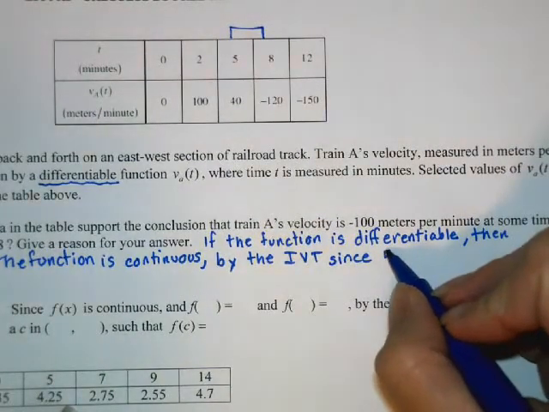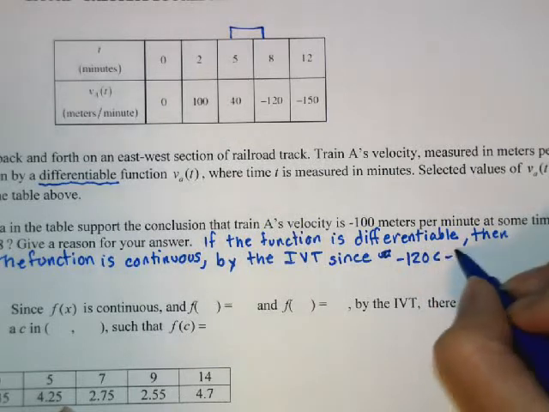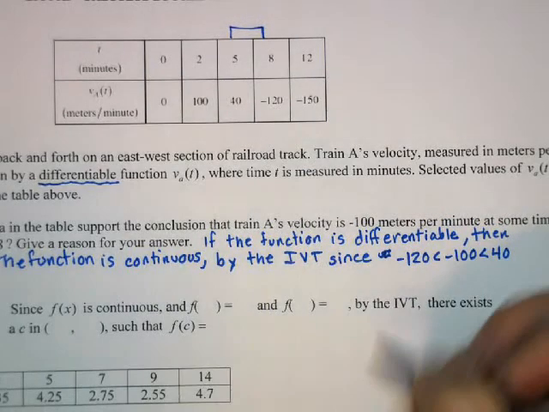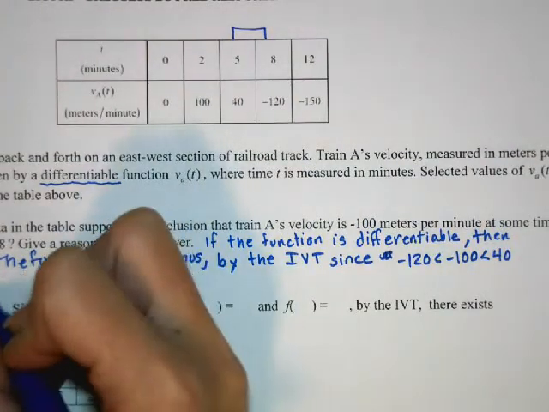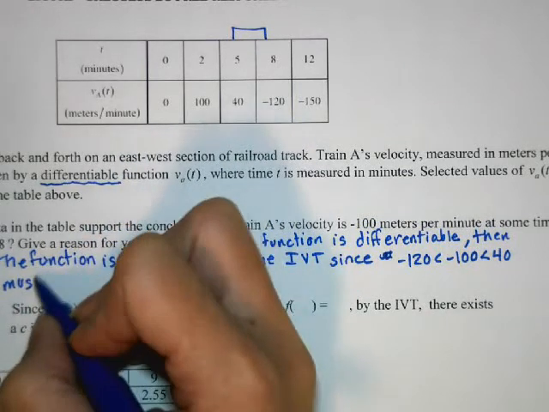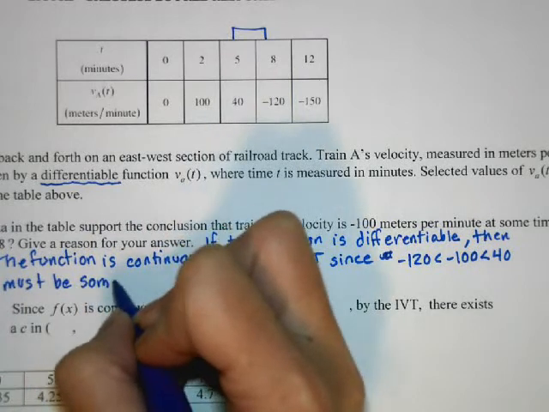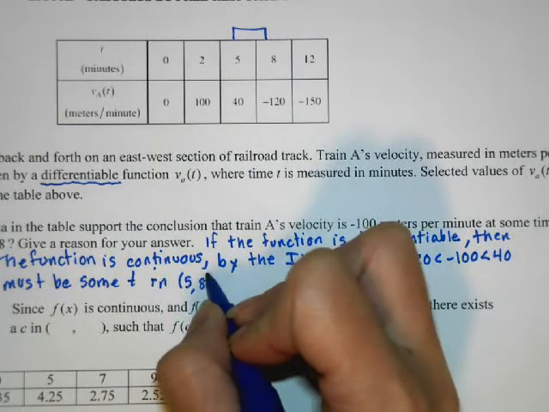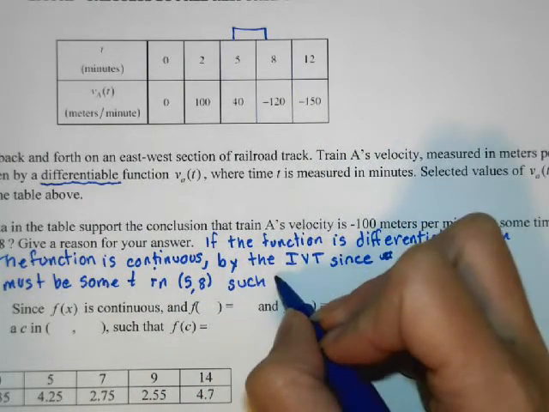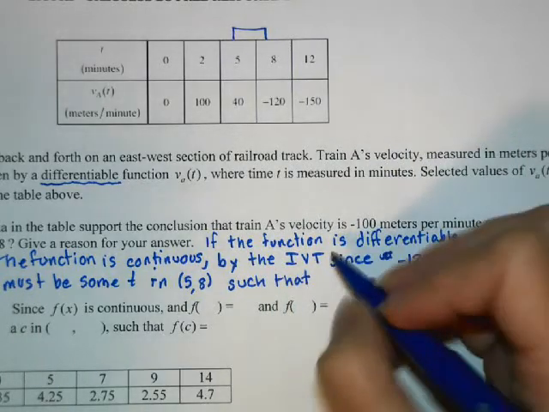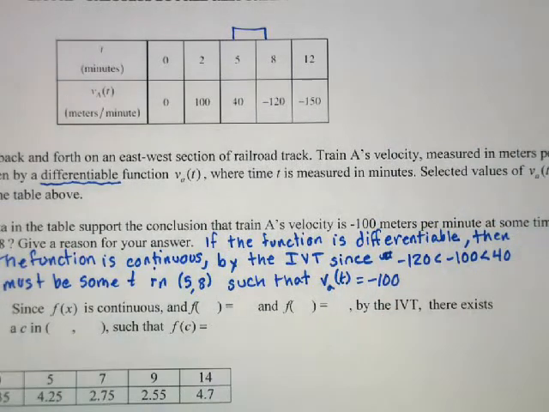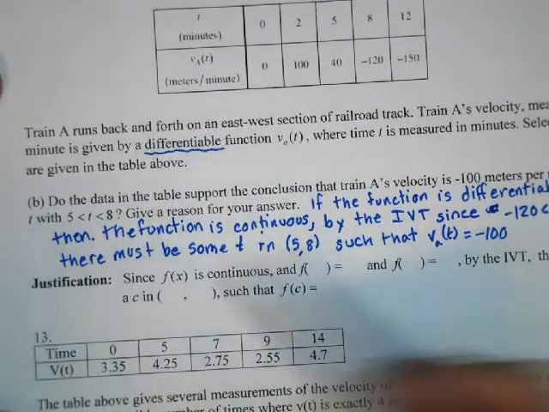So since -120 is less than -100, and -100 is less than 40, there must be some t in [5, 8] such that v sub A of t is equal to -100. So you can say it like that, or just fill in the blanks.